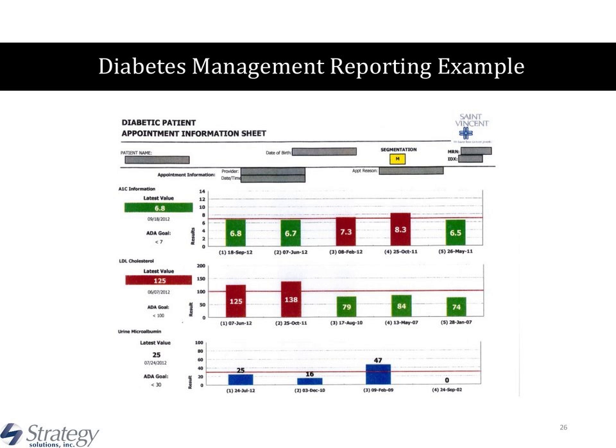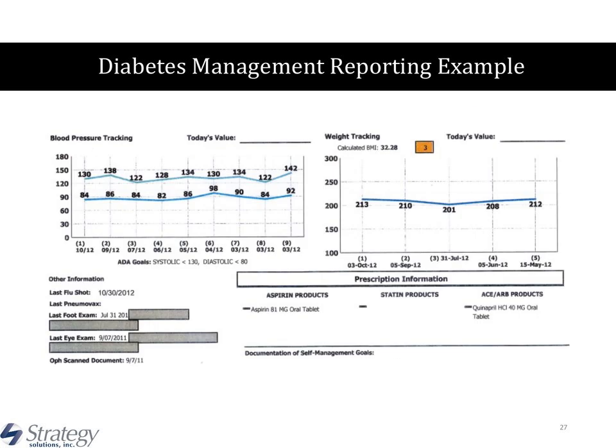This report that had all the patient's recent lab results would print out and be waiting for the doctor on the printer the morning of the appointment. And they would also track their blood pressure, track their weight. These were other indicators that were done.